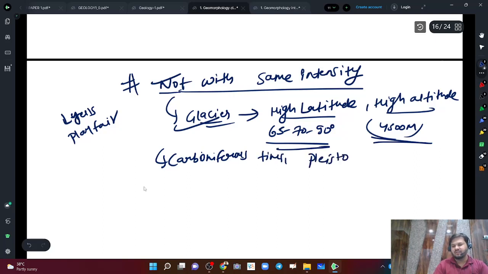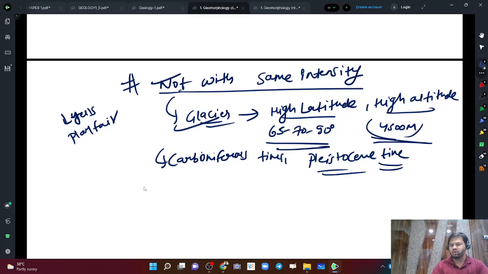You all must have heard about the Pleistocene time period. You know that there was an ice age, which ended around 12,000 years from today.